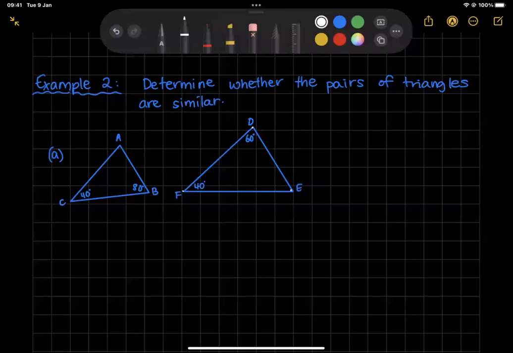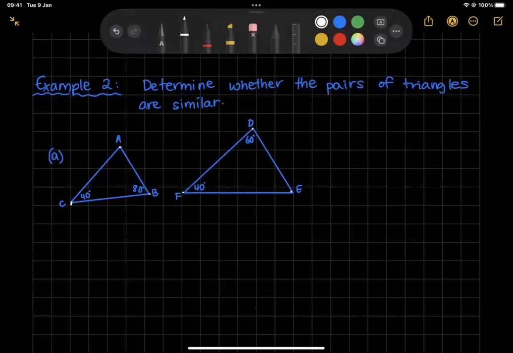So with this first question, we've got two angles, right? How we're going to approach this question is, looking at angle ABC, this angle A, if I were to use the angle sum of a triangle, 180 minus 40 plus 80, it should get me to 60.